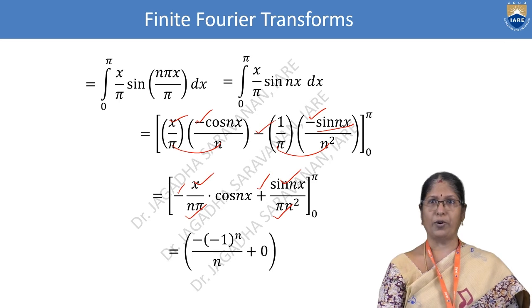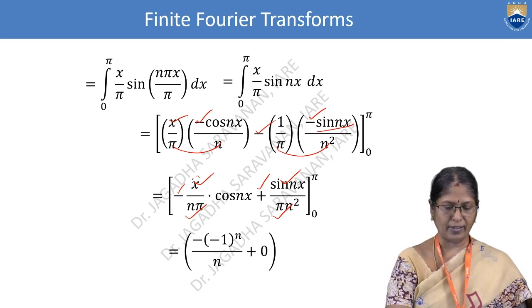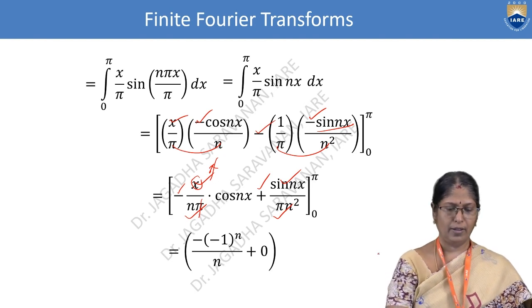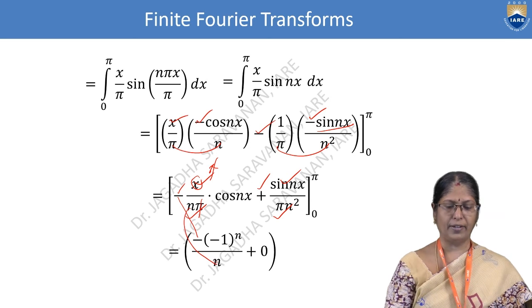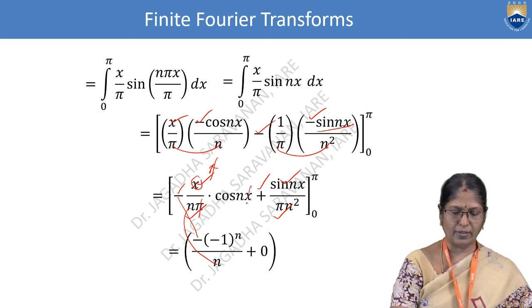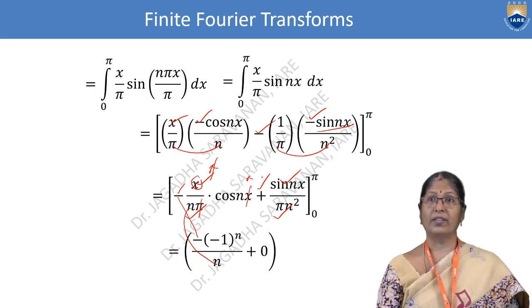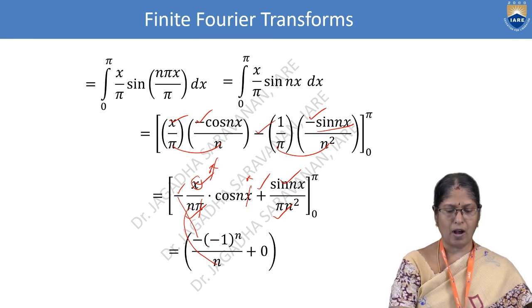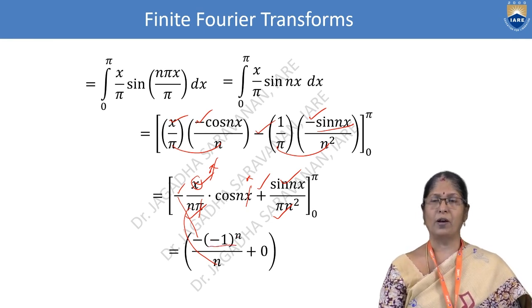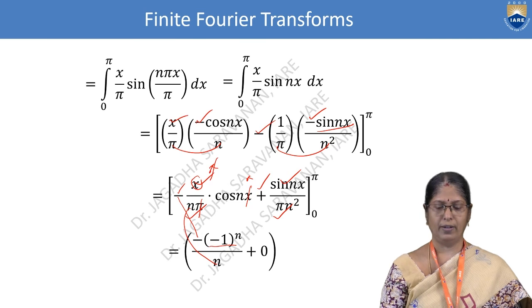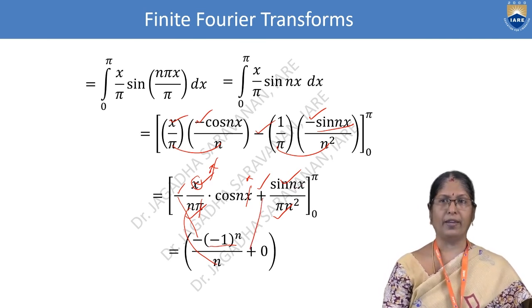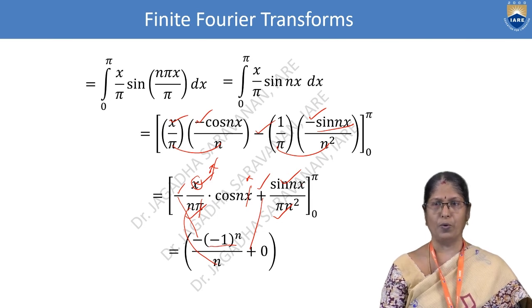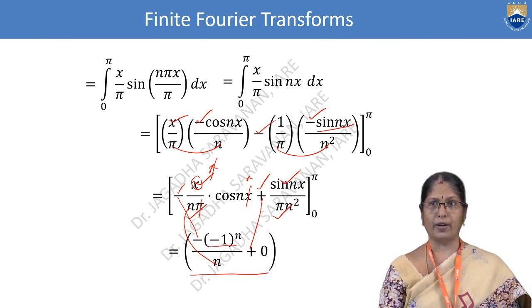X is replaced by pi, pi cancelled. This minus sign as it is, this n as it is, x is replaced by pi, that is cos n pi. Cos n pi, the value is minus 1 power n. This plus is as it is. Sin n pi is nothing but 0. So we completed the upper limit.